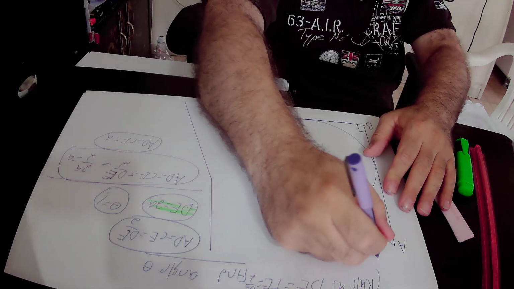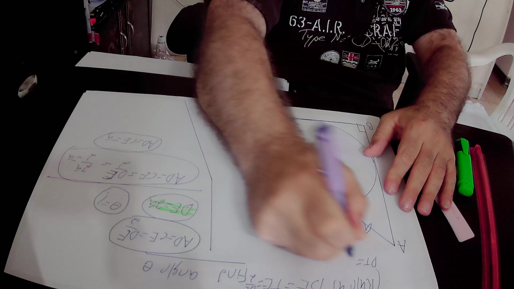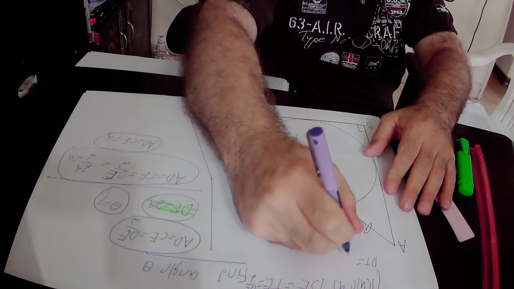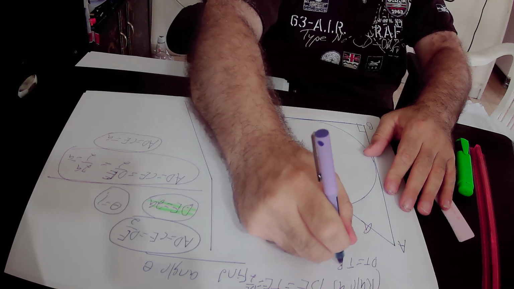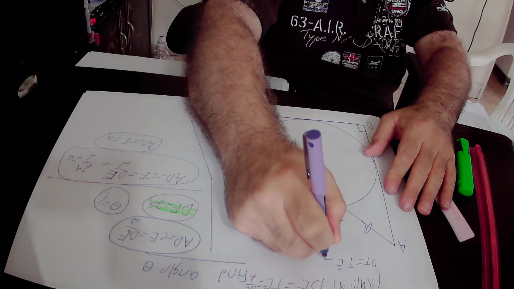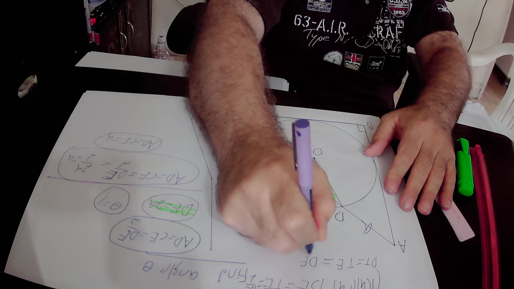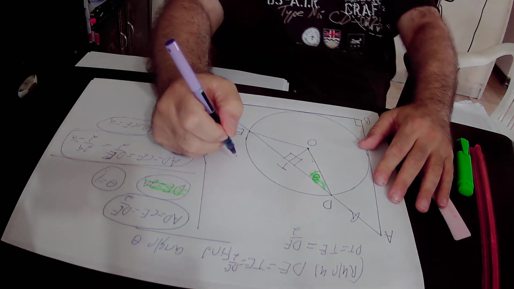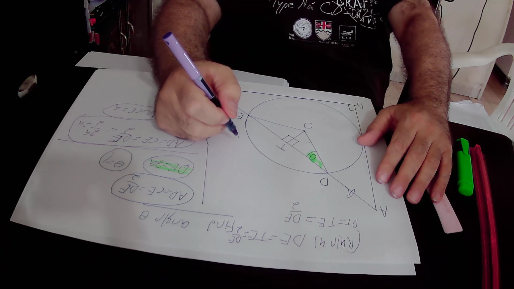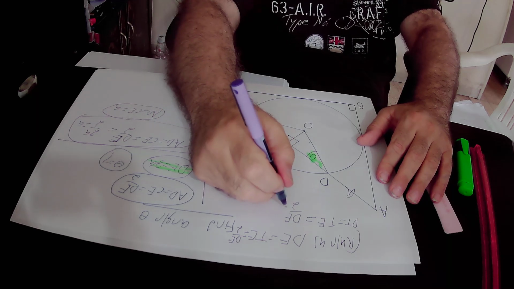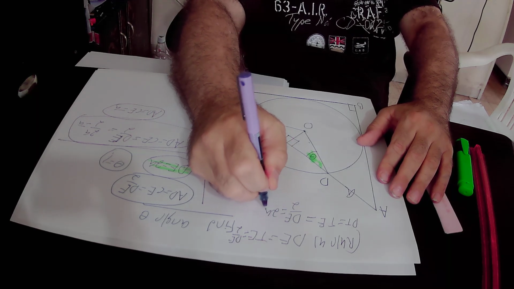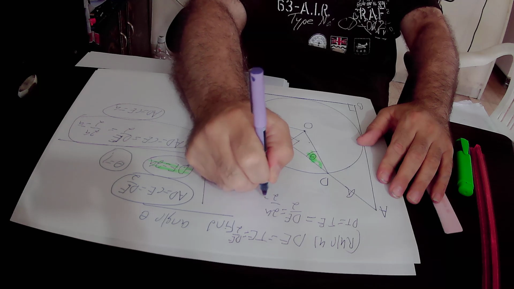Again, DT equals TE, DT equals DE over 2, and TE also equals DE over 2. But according to our definition, DE equals 2a, and 2a over 2 is a.